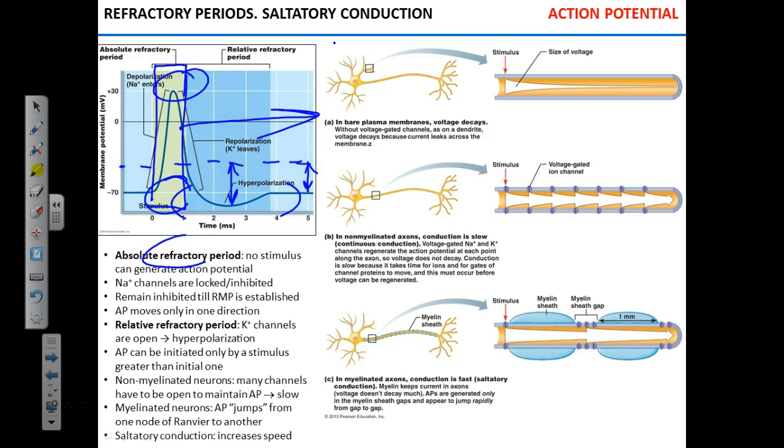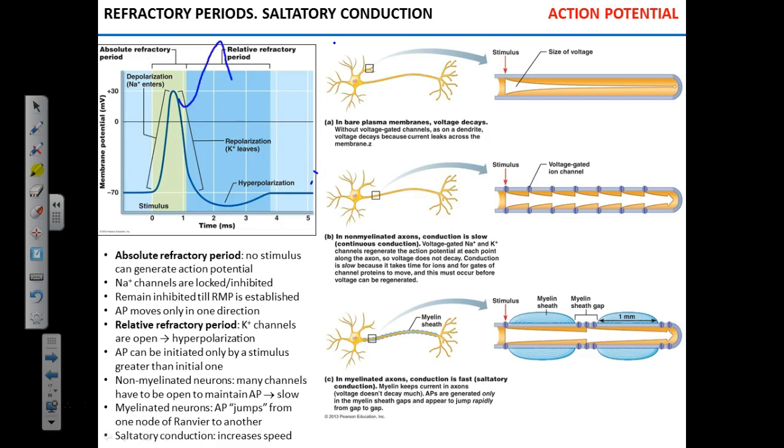So I consciously send a stronger signal that overlaps with the relative refractory period on the neuron. And since it's stronger, it produces an action potential and produces this elevation.